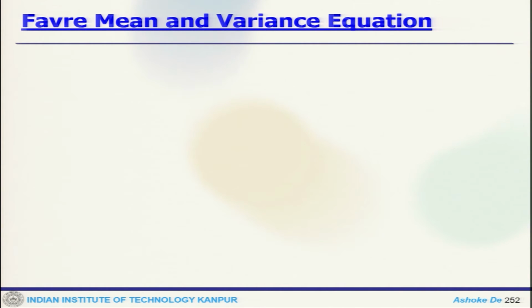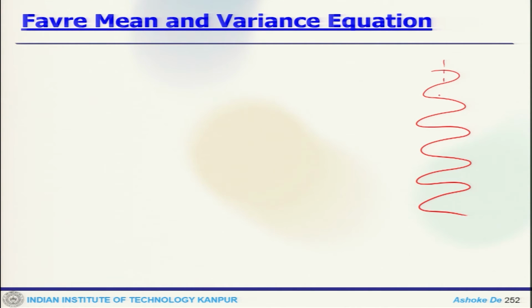Now this is the flame front and this is the instantaneous flame front, and then this is the mean. This is instantaneous, this is mean. So this one can think about G double prime, and if you see, this is what is going to happen.